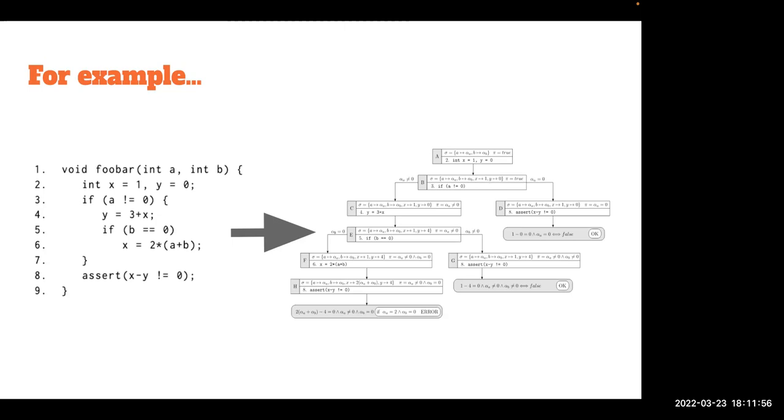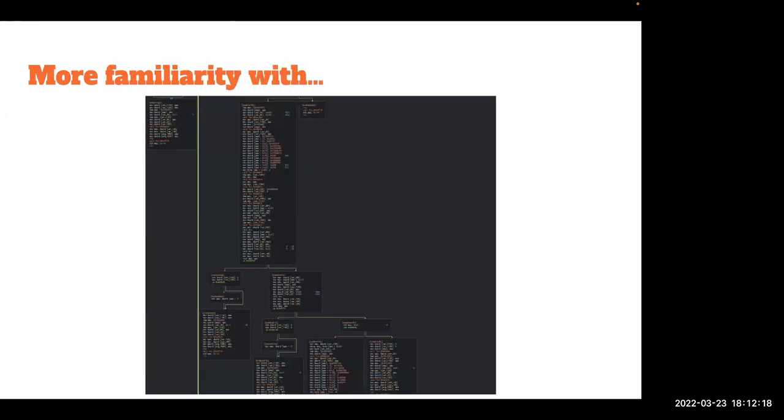But it kind of gets the point across. You go from source code, you compile it, you get a binary or an executable, and then you load that executable into your symbolic execution software, which disassembles it and then produces a CFG from there. The other image we showed, this being the graph or control flow graph you're more familiar with, is just produced with Cutter.